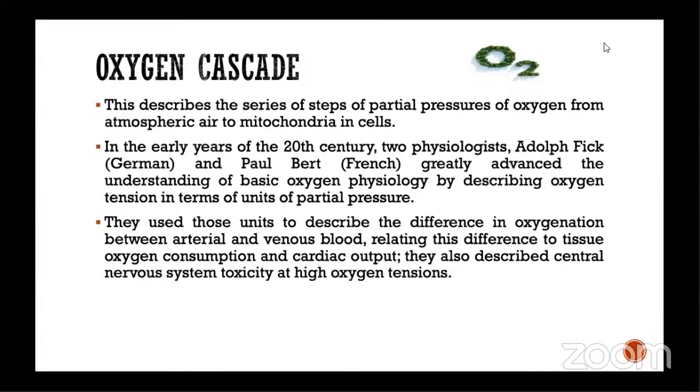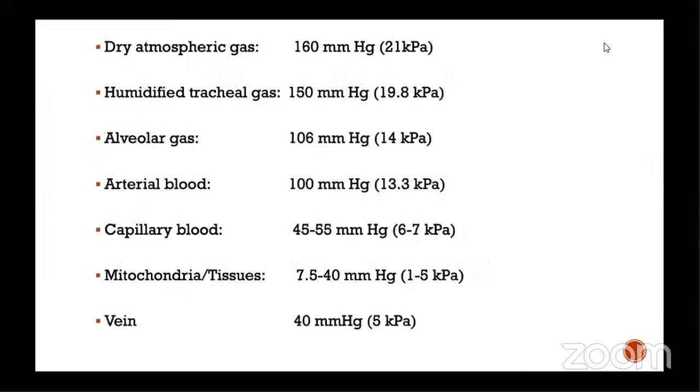They also used this unit to describe the difference in oxygenation between the arterial blood and venous blood, relating the difference to tissue consumption of oxygen and cardiac output. They were able to help us understand that at high tension, oxygen can also become dangerous to tissues, like central nervous tissue.